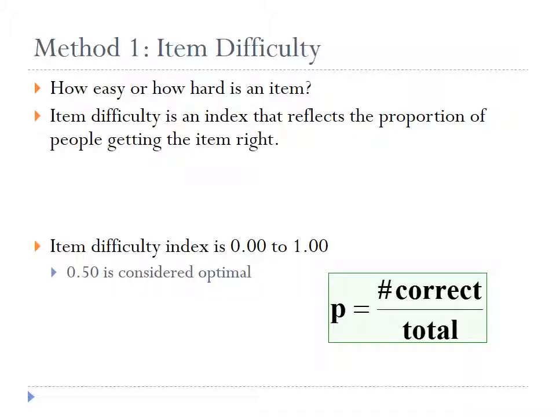If the difficulty level is 1, that means everybody's getting it correct. It does not differentiate who was a better student or who was a less prepared student. If everyone gets it correct, it doesn't tell us anything to differentiate these students. So our optimal item difficulty is right in the middle, 0.50.